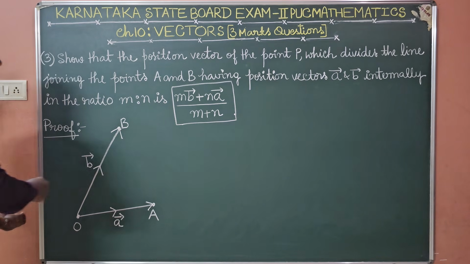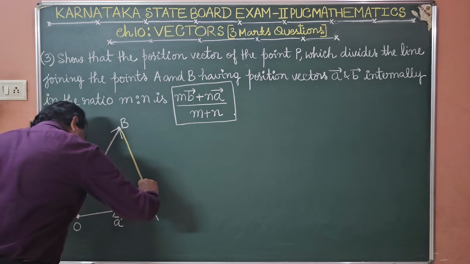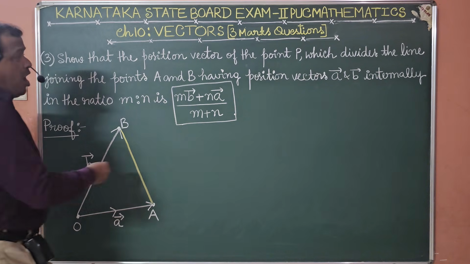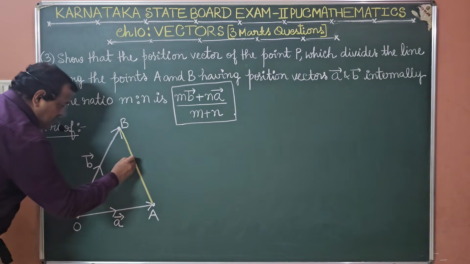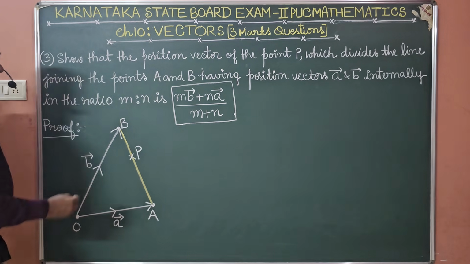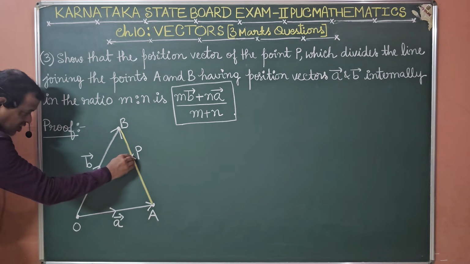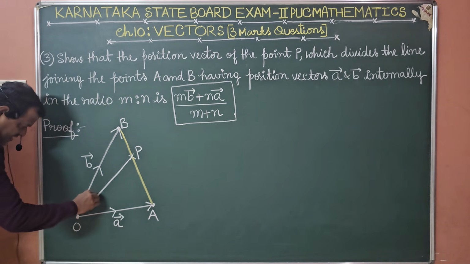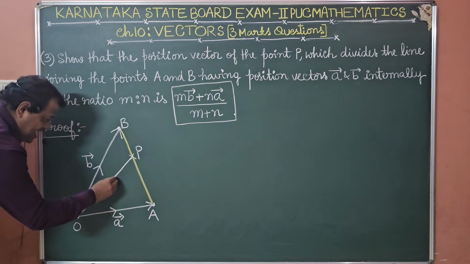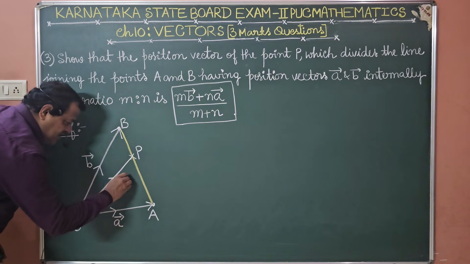Then let me join AB. I will join this AB, and on AB there is the point P. So I will mark the point P here, and we need the position vector of P, which I will draw like this, and for simplification purpose I call it small letter R vector.